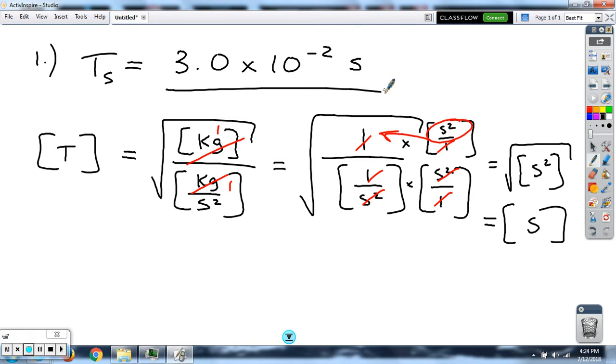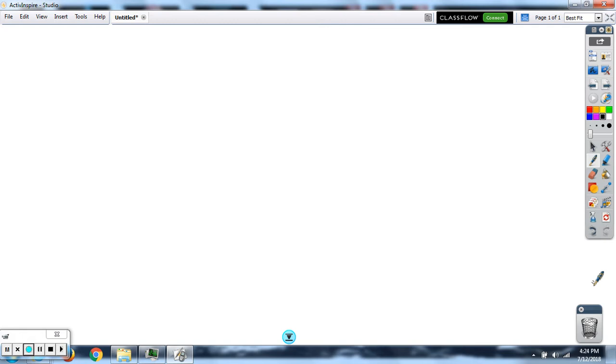Okay, let's take a look at what's next. Part 3, factor label method for converting units, and then carrying out various conversions. So here's what I want to see for this section. Let's look at number 1.